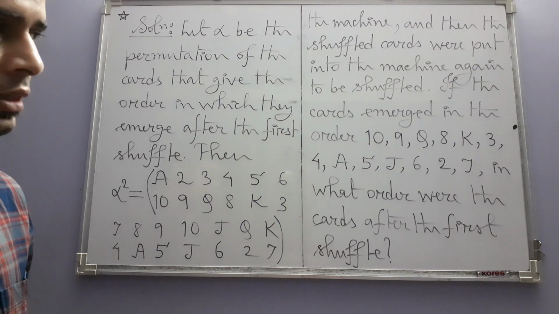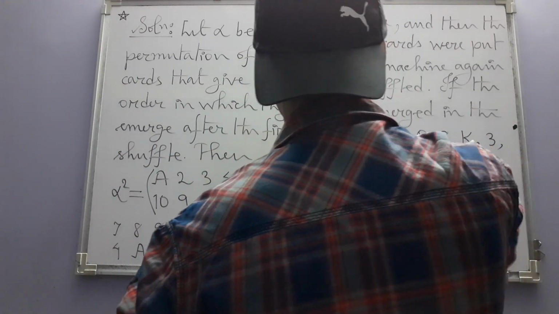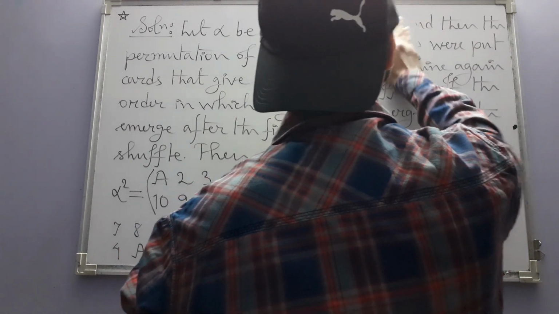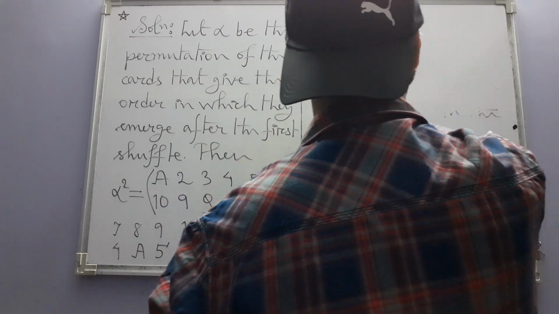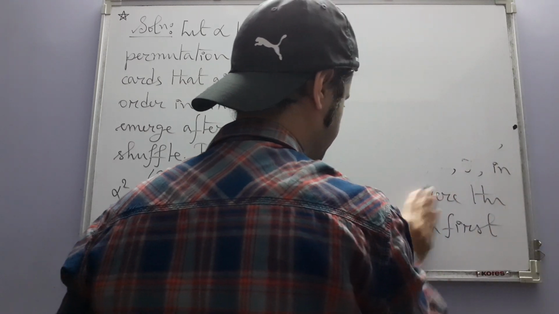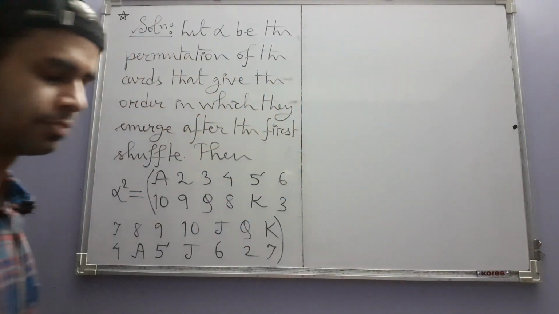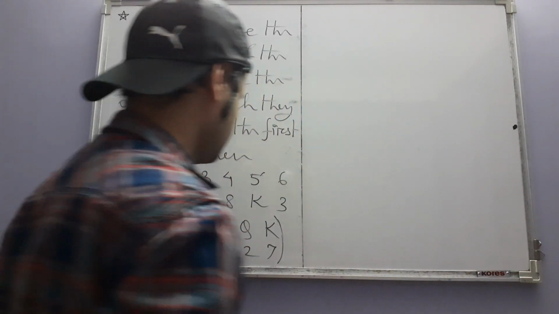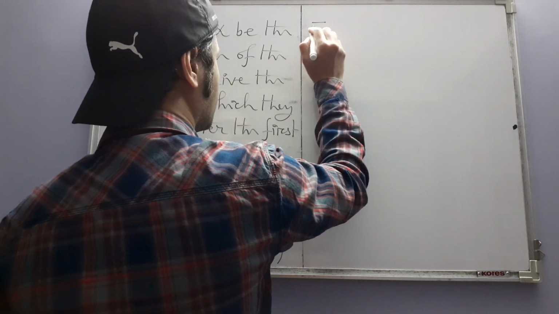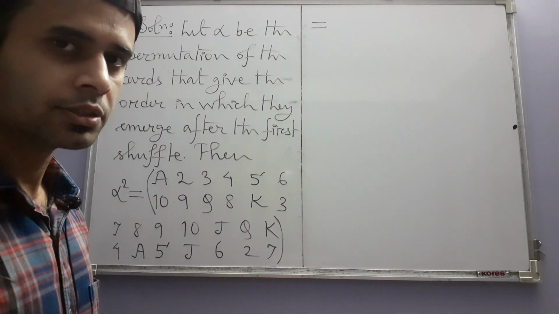That's what we need to find, and that will come from alpha. So we ultimately need to first of all determine what alpha is. Now let us first of all express this permutation as a product of disjoint cycles.